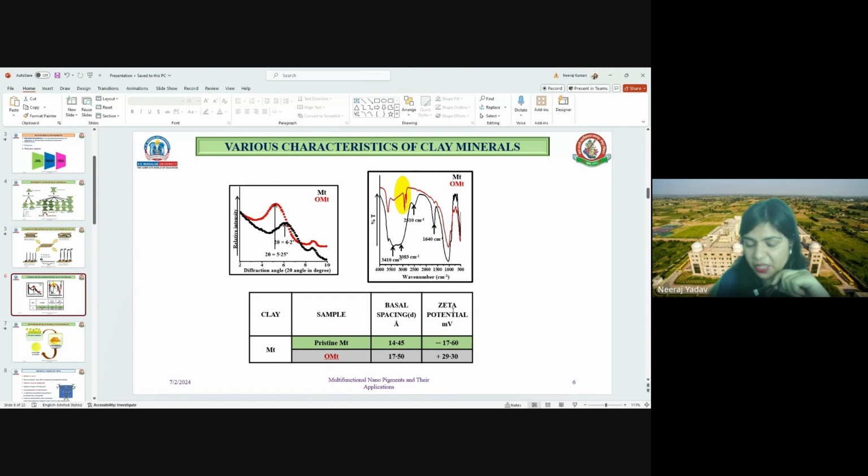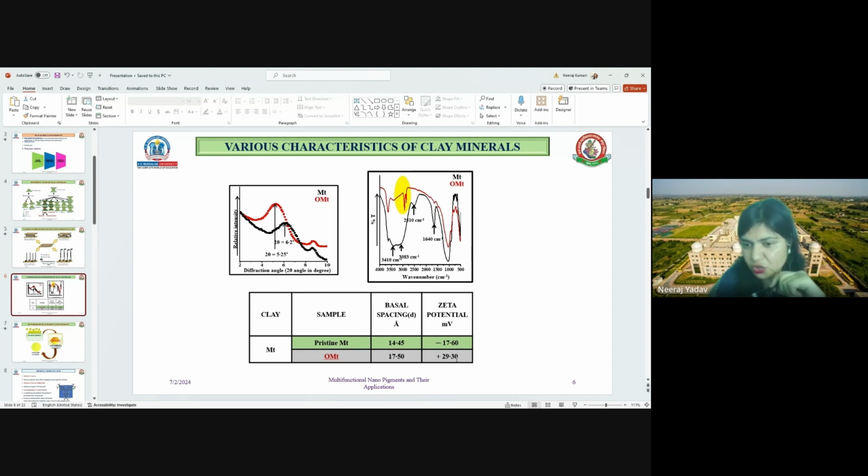When we measure the surface charge, the surface charge of the pristine MT is minus 17.6, which is due to the presence of negative isomorphic substitution. On interaction with the cationic surfactant, it changed to plus 29.30.